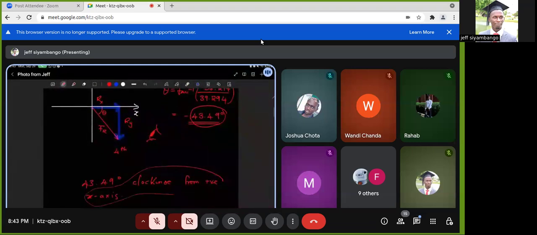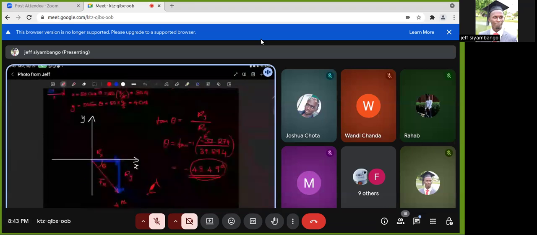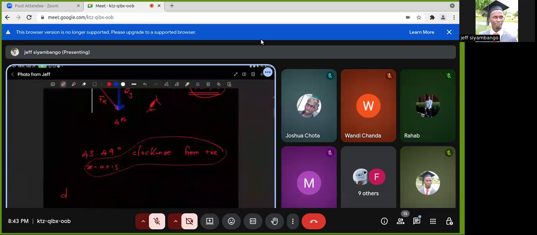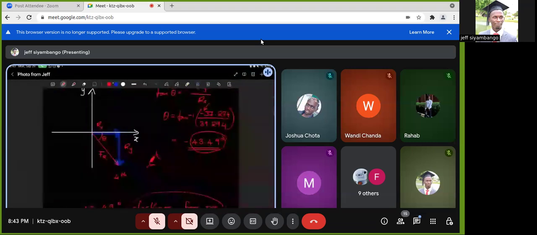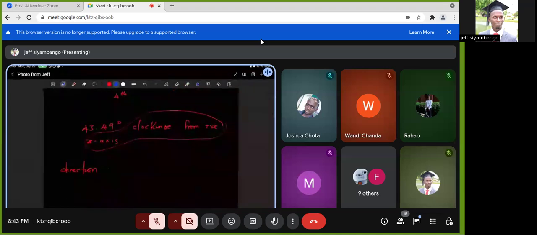But if you don't want to speak some English as you present your answer, you can just say direction, measuring your angle the standard way. Angles must be presented anti-clockwise from the positive x-axis. So now to get that direction, you'd have to say 360 degrees minus that 43.49 degrees. Okay.